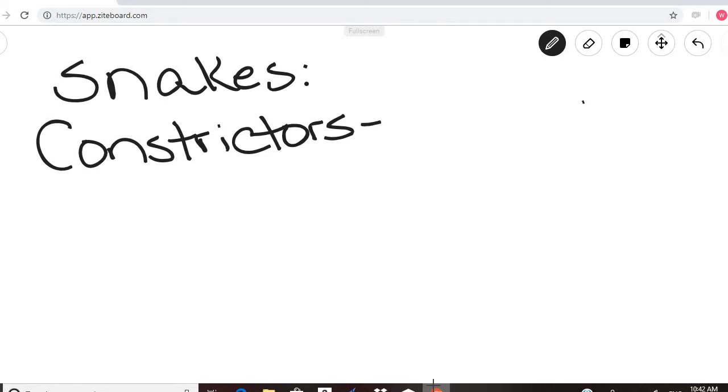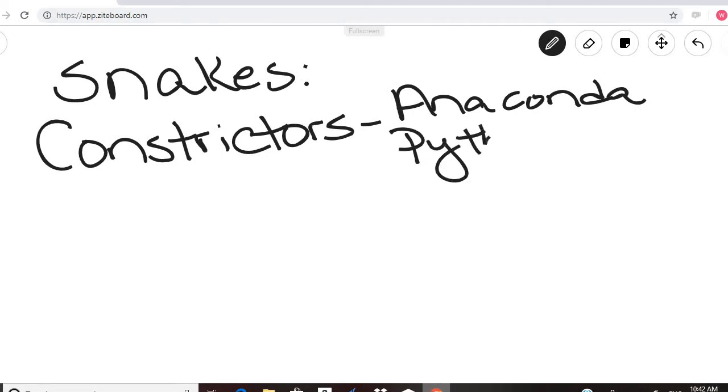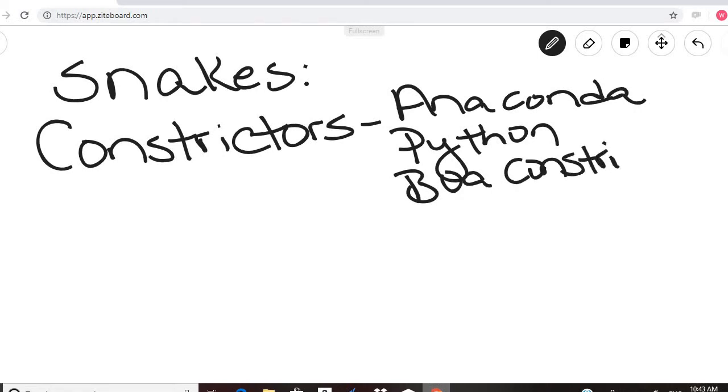So an anaconda, python, a boa constrictor. They would constrict their prey and then still consume it whole.